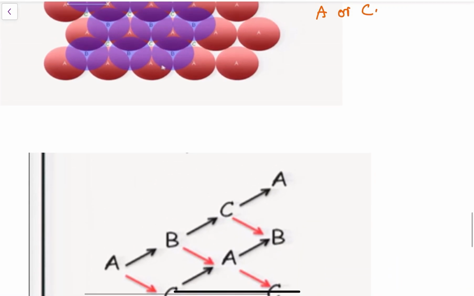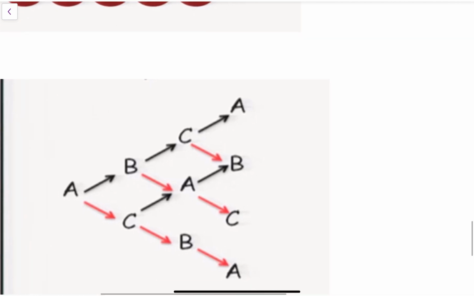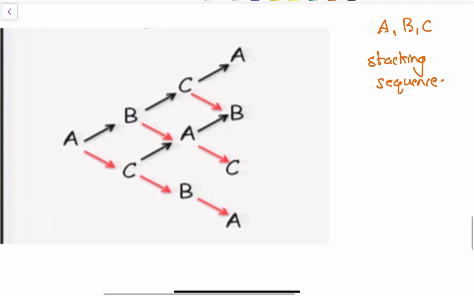Okay, based on this, you can see how these layers are placed. So you have several positions like A, B, C, etc. Based upon how these layers are placed at various positions, you will get a different stacking sequence. So that is called the stacking sequence. You will get different crystal structures. So these are the possibilities.